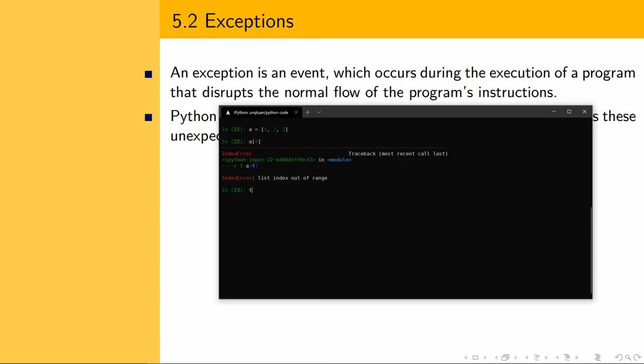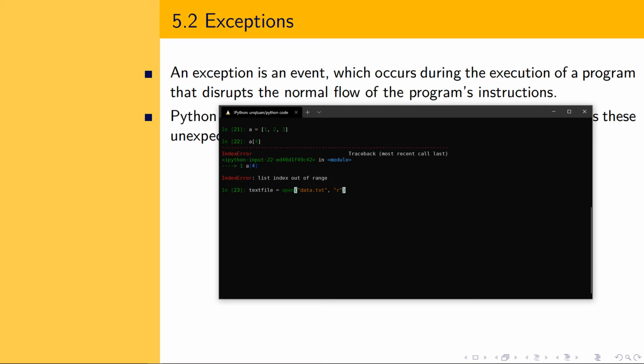Another example is when you open a file that does not exist. You open the file to read, but it doesn't exist in your system. Let's say you open data.txt with the reading mode.